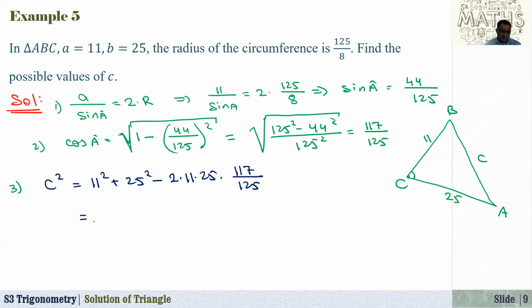If you evaluate this, 11 squared plus 25 squared minus 2 times 11 times 25 times 117 over 125, which is equal to 1156 over 5. Now from here, what is C? C is the square root of the answer.